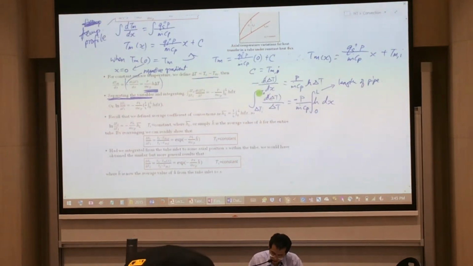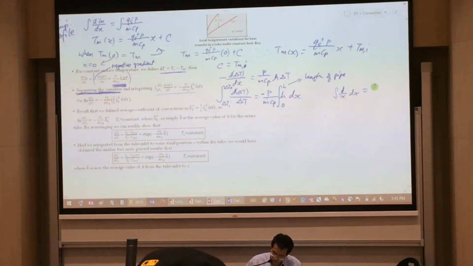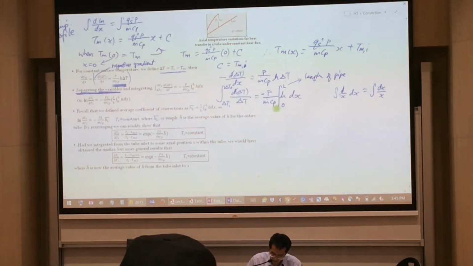Integrating d delta T over delta T is very similar to integrating 1 over x dx. Integrating 1 over x dx, you get ln x. In shorthand, it's written as integrating dx over x. So if I integrate that, I get ln delta T, and substituting the limits, minus ln delta T i.